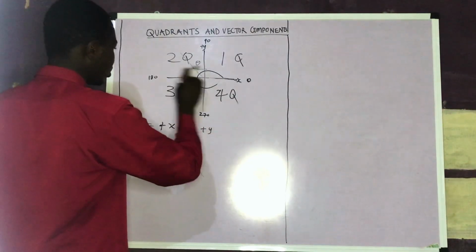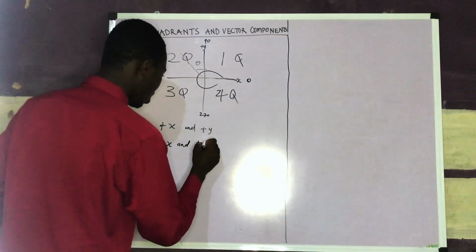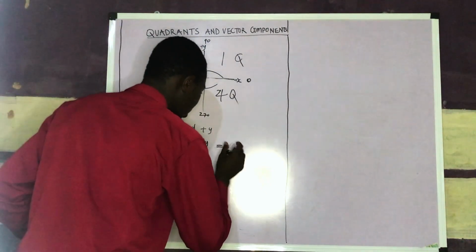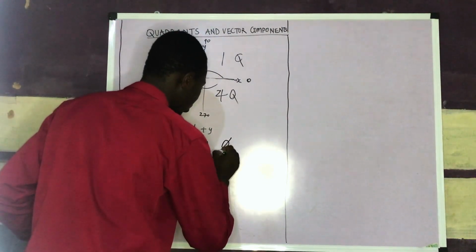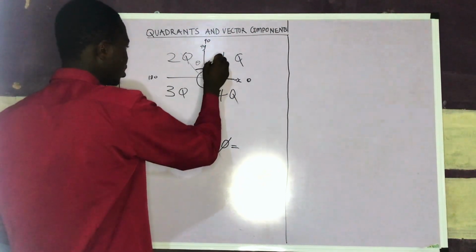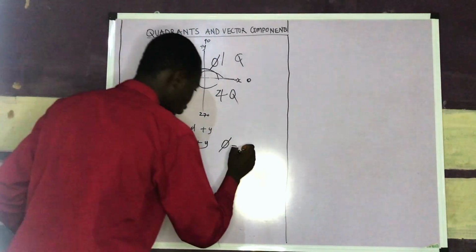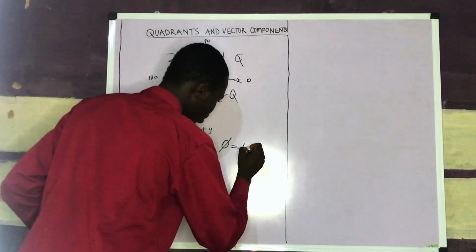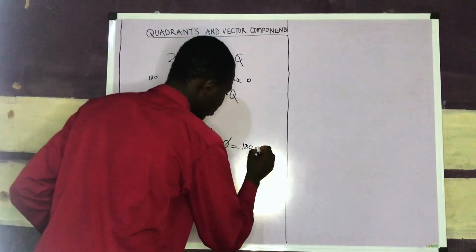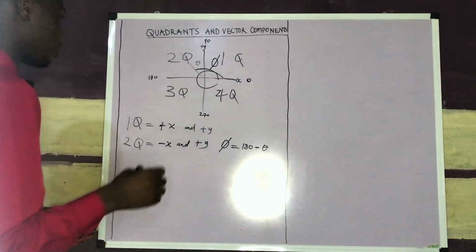That means your value is in negative x-axis and positive y-axis, right? So if you want to measure the direction of your vector, let's say this direction is represented by phi. That means the direction of your vector is 180 minus theta. 180 minus theta.